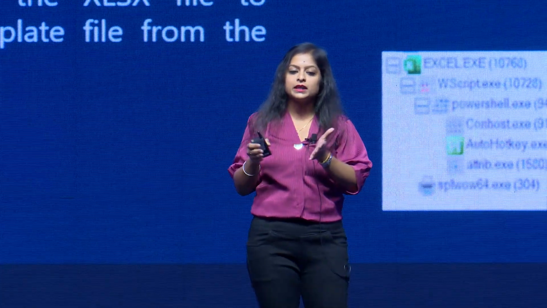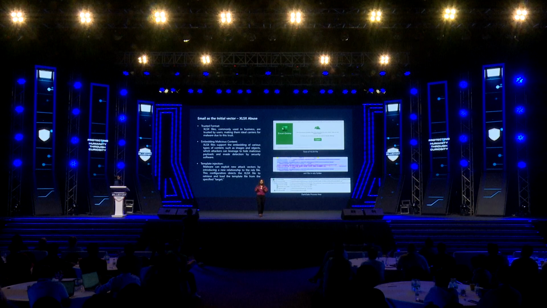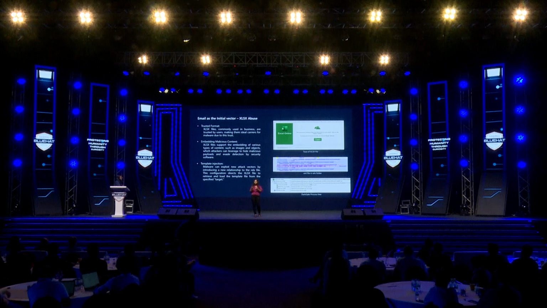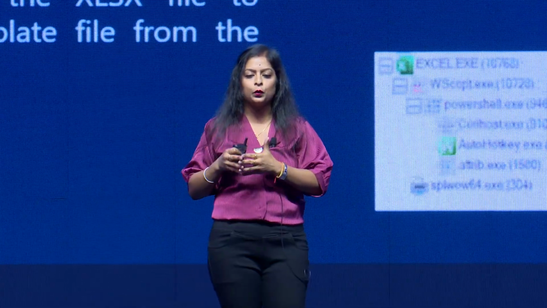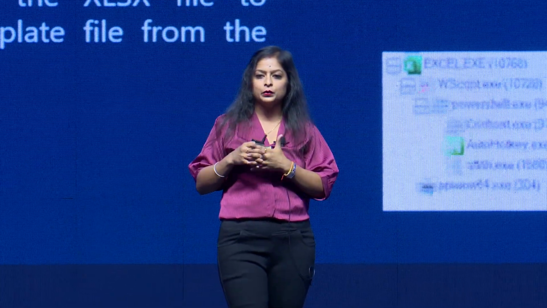So, the first image, as you can see, is the DarkGate XLSX sample, which says that if you want to view this document, you need to click on the open button. Once the user clicks on this open button, the action behind it is triggered. That is the VBS file, which is present in the XML file, present in the rels folder, that gets executed.